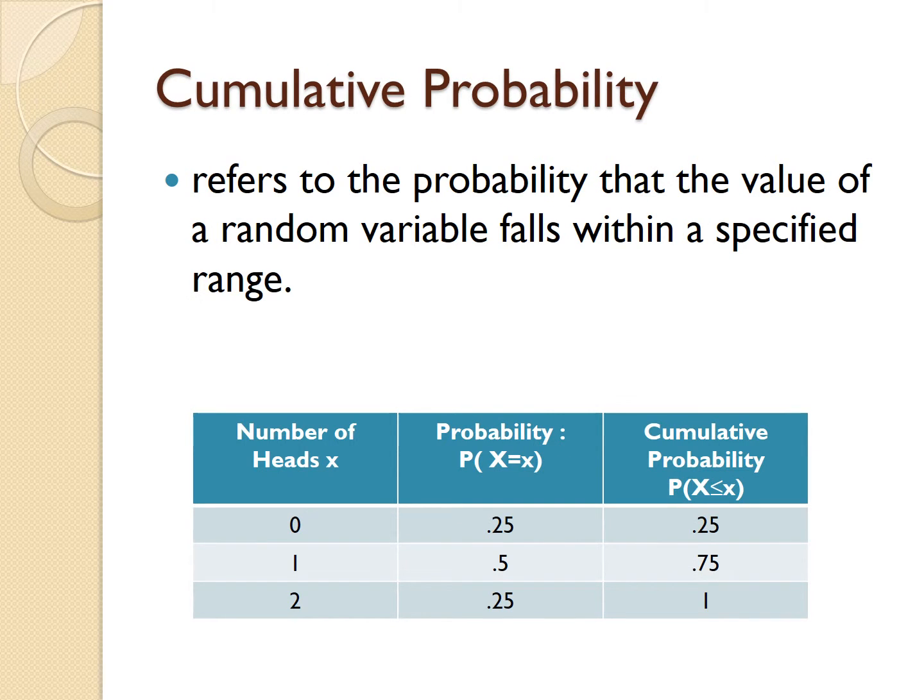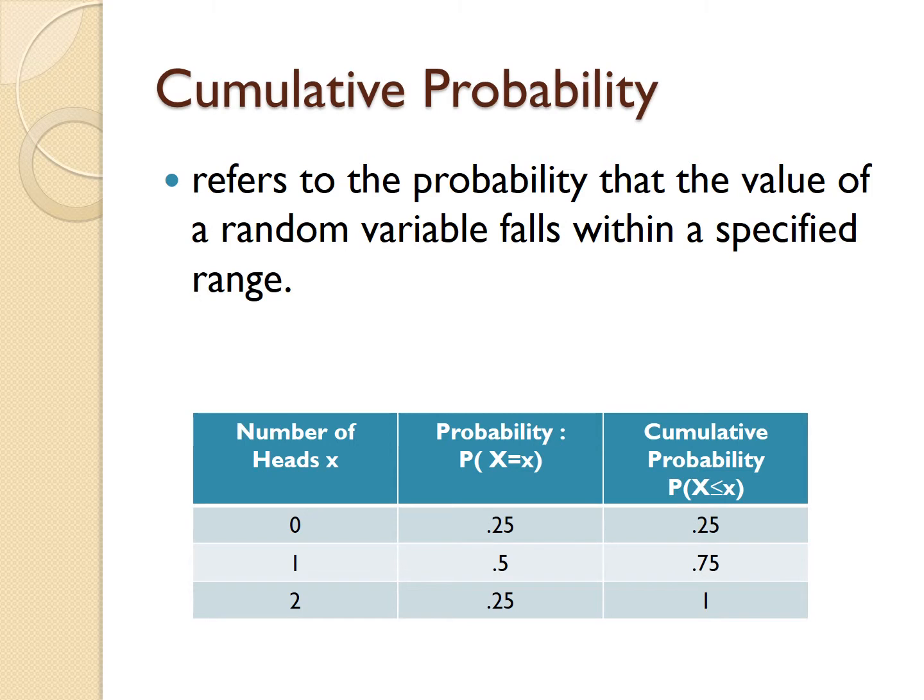Cumulative probability refers to the probability that the value of a random variable falls within a specified range. For the flip-a-coin-twice experiment that we were looking at earlier, the cumulative probability distribution of the random variable x would be as presented in this table.